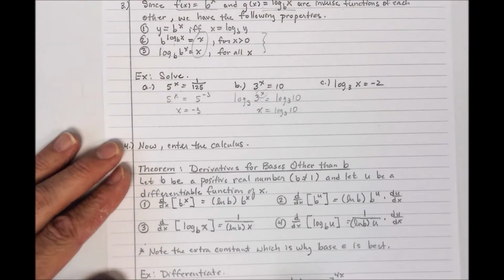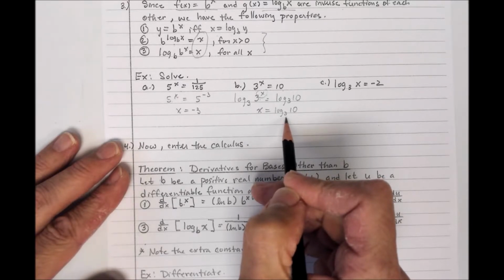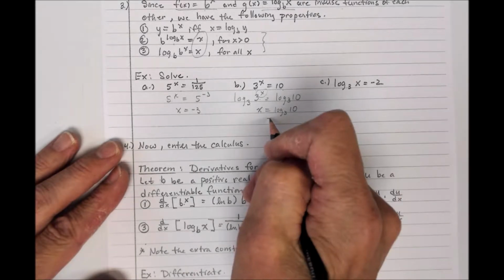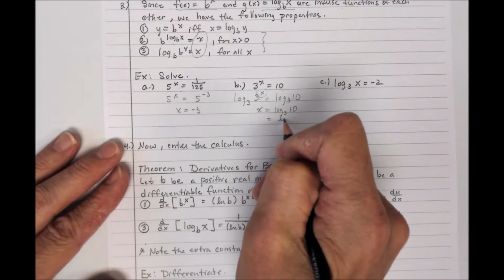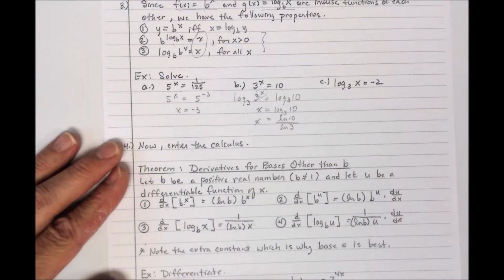If they ask you to rewrite this as a decimal, because you can't really substitute this into your calculator conveniently, you would use the change of base formula. I can use common logs or natural logs because they're on my calculator, so this would be the natural log of 10 over the natural log of 3, and I can find out what this is on my calculator.